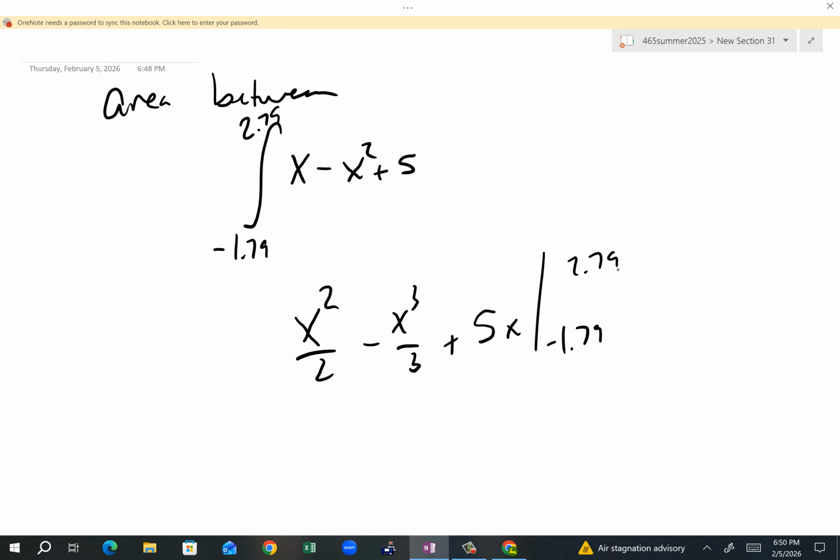Nice. Okay, I can graph those. You can use Desmos if that makes you happy. I'm probably just going to use my calculator because I'm lazy.